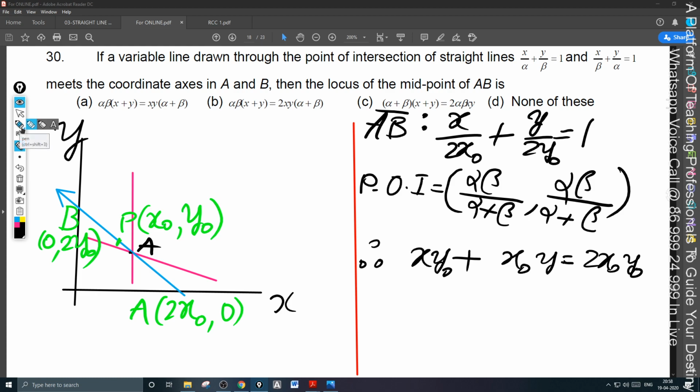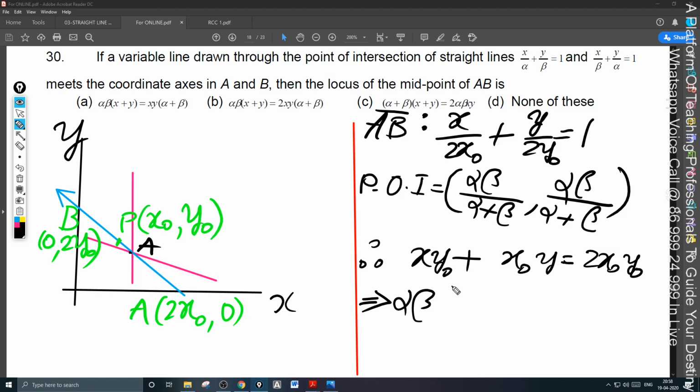Now substitute the point to simplify and you will get the answer. Instead of x y, write this. If you write this as alpha, instead of x we are writing alpha beta y by alpha plus beta. This is also alpha beta x by alpha plus beta.